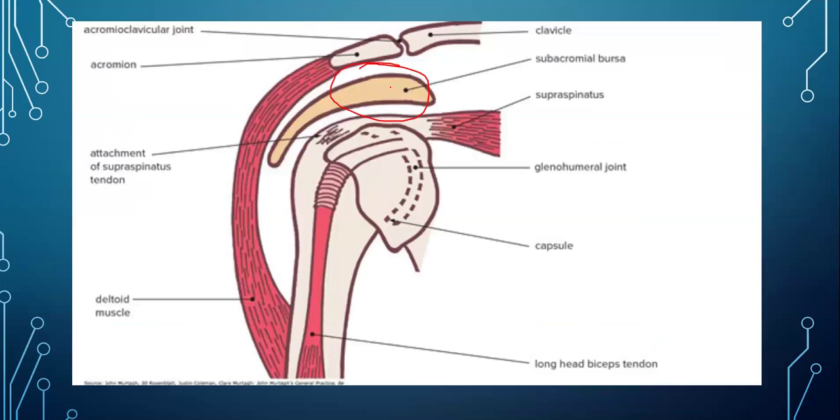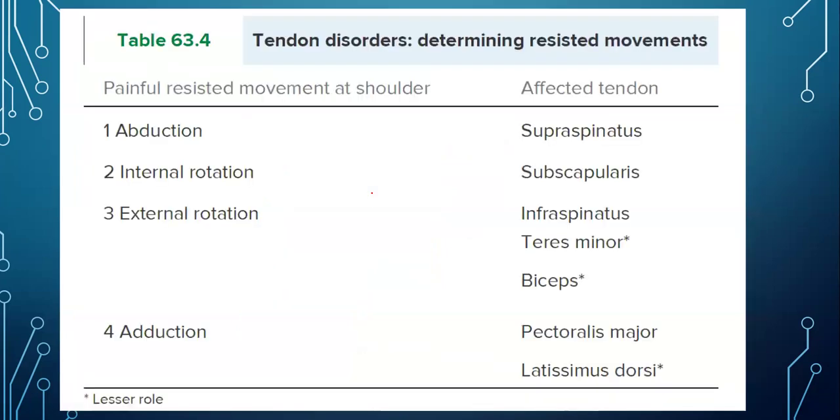Because of the narrowed subacromial space, the supraspinatus and everything in here gets pinched. And that's why the patient has difficulty to raise the arm between 60 to 120 degrees. That's called painful arc syndrome, and that mainly happens if the subacromial space is very narrow. Okay.